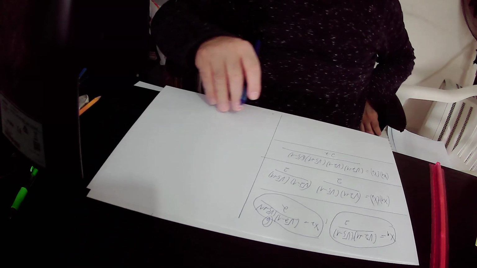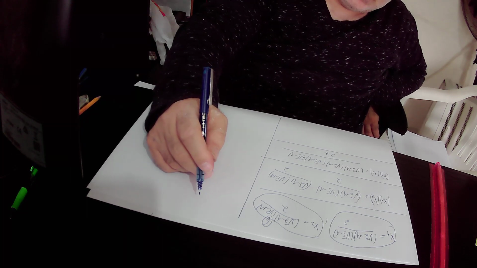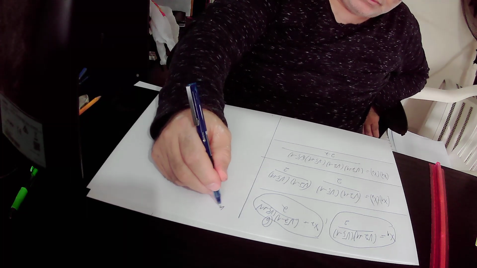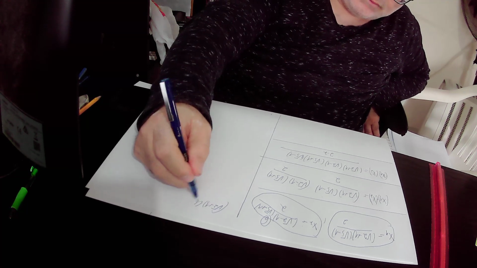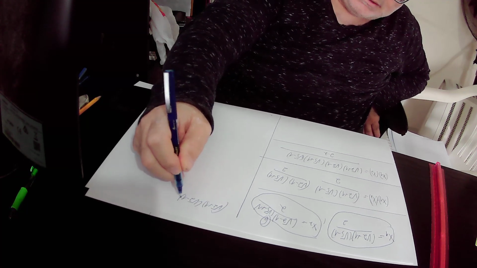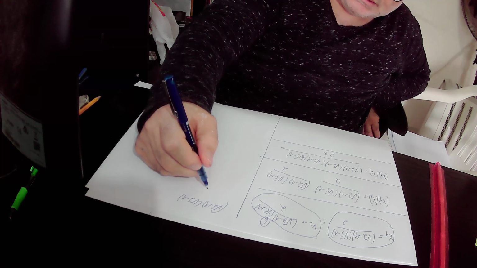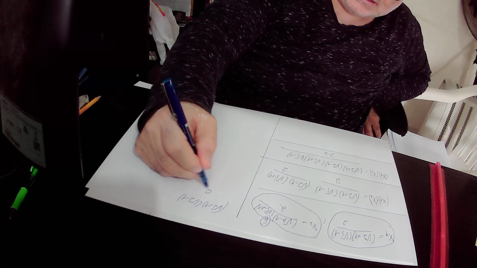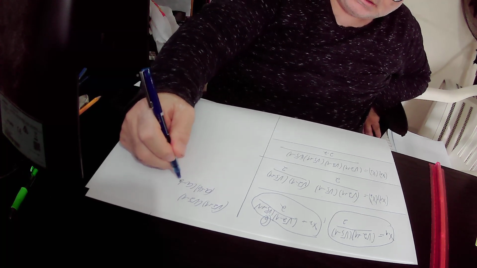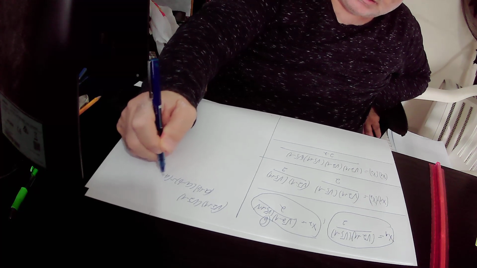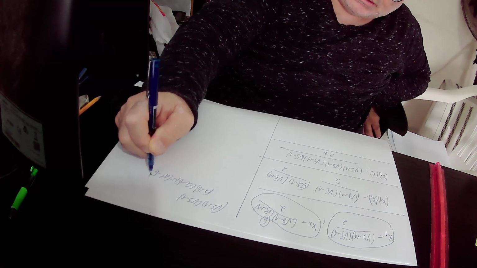So we'll find out the value of square root of 2 plus 1 times square root of 2 minus 1 according to the algebraic identity that states that a plus b times a minus b equals a squared minus b squared.